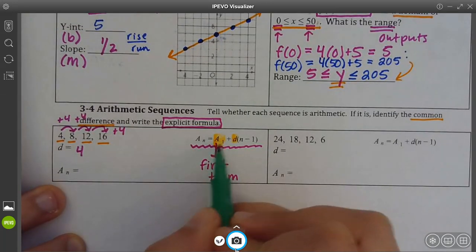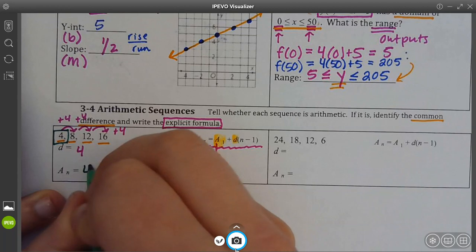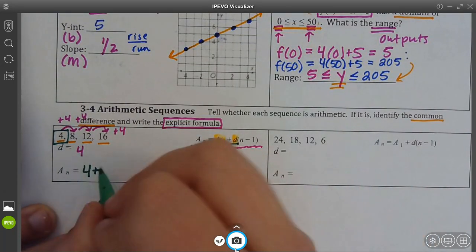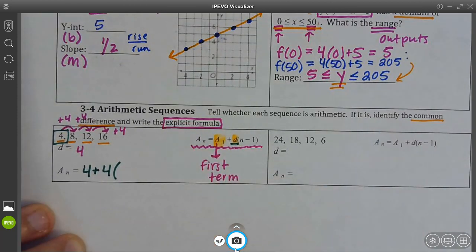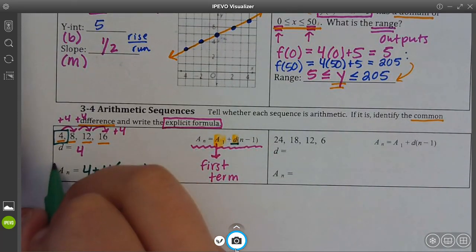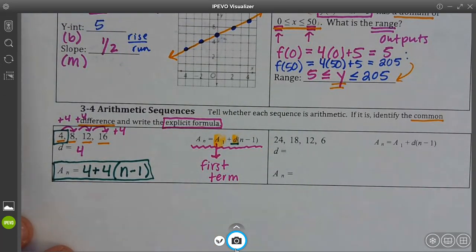AN equals A1. What's the first term of our expression? Well, it's 4. So I'm going to have 4 plus D, which was also 4, which is a coincidence, times N minus 1. And this is my explicit formula. We can do things with that explicit formula, but right now we're just going to practice writing them.